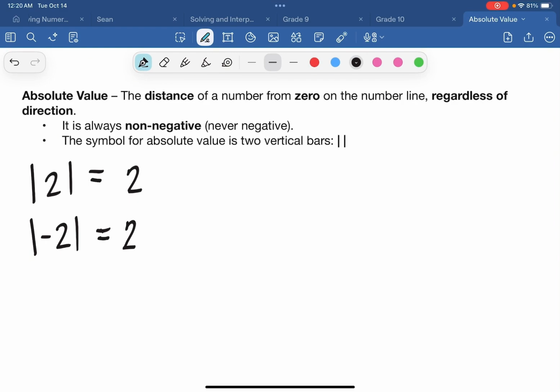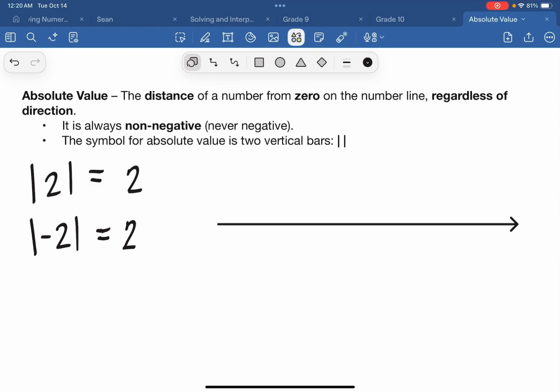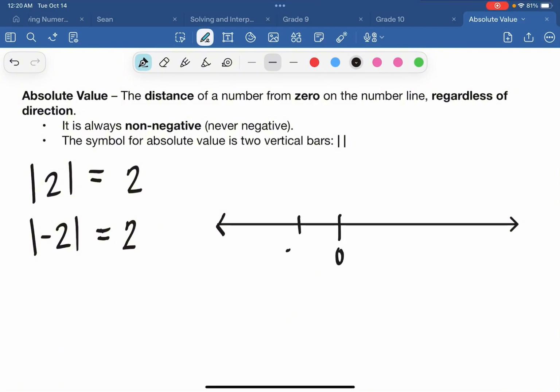Now, if you are going to illustrate it with the number line, let's draw a number line here. Now we have here 0. We have -1, -2. We also have 1 and 2.